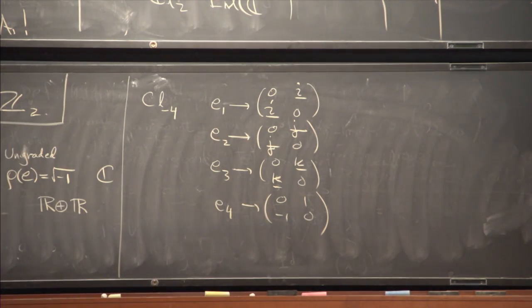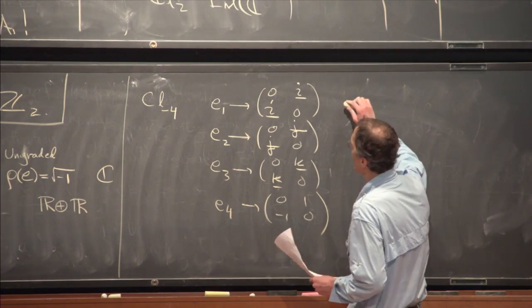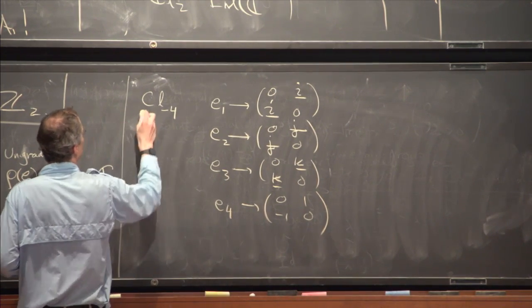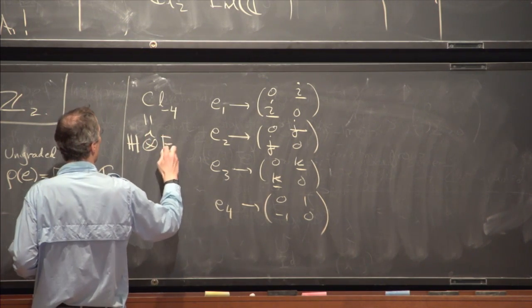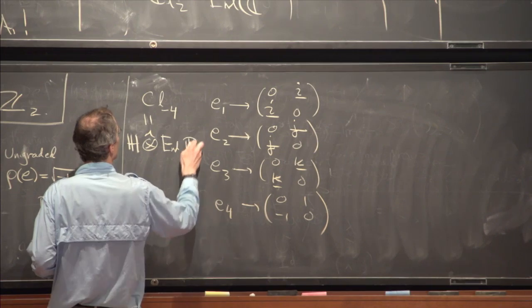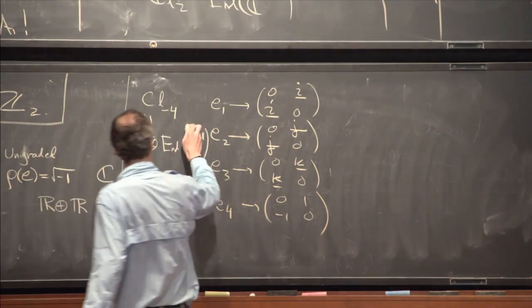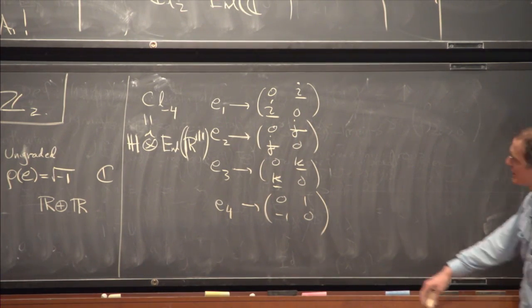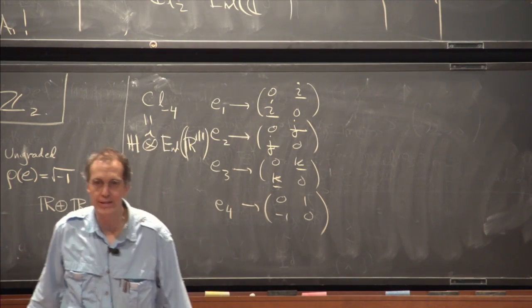All of these square to minus 1, and they satisfy the Clifford relations. And so we get, as a graded algebra, the quaternions times a matrix superalgebra R 1|1. Okay, so Clifford minus 4 is Morita equivalent to the good old even quaternions. So we didn't get anything new.